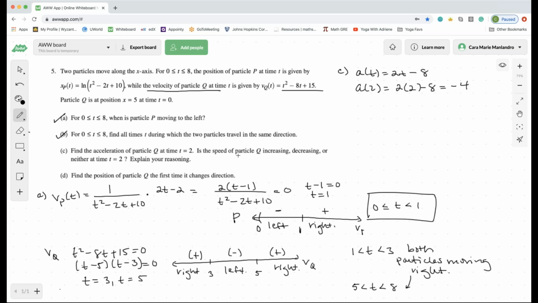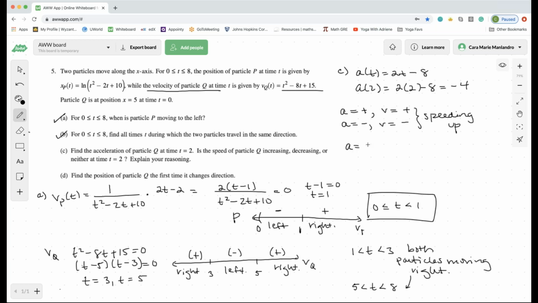All right, so now if we want to figure out if the speed is increasing, decreasing, or staying the same, we compare the acceleration and the velocity. Just giving you a little background, if A is positive and V is positive, or if A is negative and V is negative, then it's speeding up.